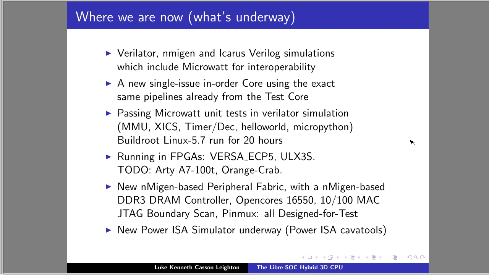So rather than needing an external DRAM controller and a simulation of the same, you say, I want this entire wishbone bus, this entire SRAM, I want it to be 512 megabytes, emulated in C++. Here's the file, go. And that actually has been sufficient to boot Linux 5.7, the Microwatt Linux 5.7 build root.